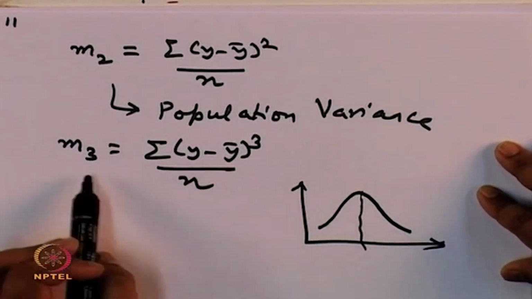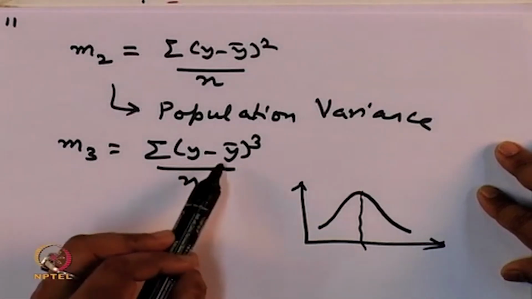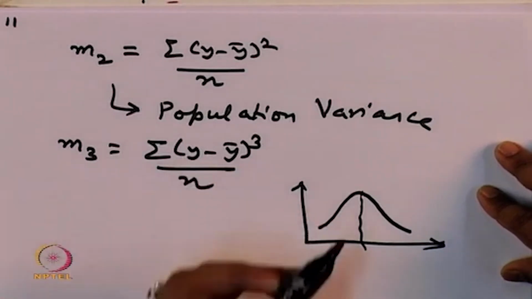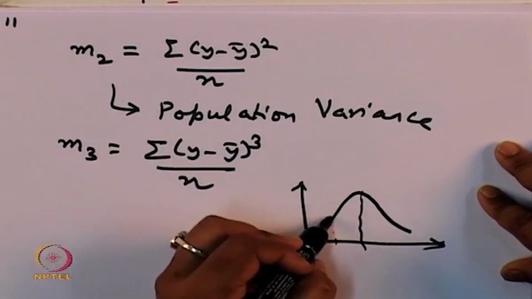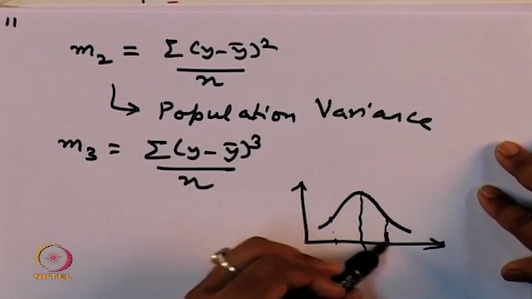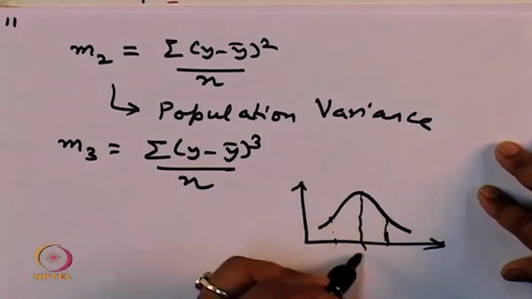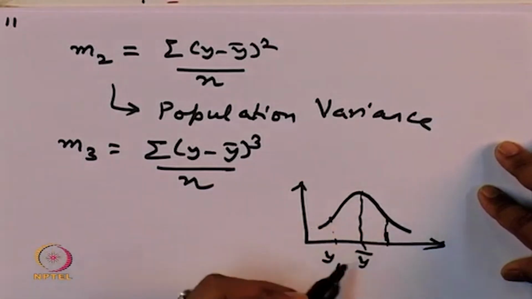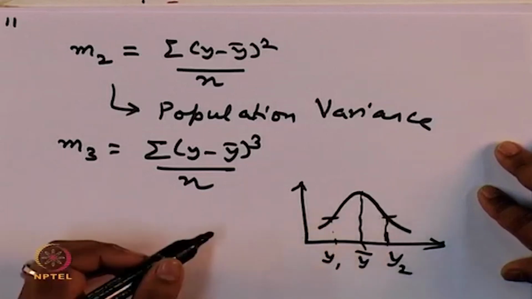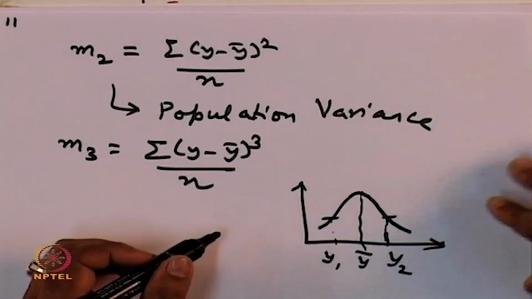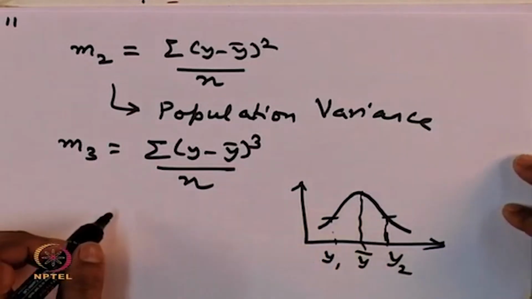Looking at how m3 is defined, symmetric would mean that for every value to the left of this, there is a similar value at similar frequency to the right of this. Let us say this is y bar, this is y1 and this is y2. So the frequency of y1 and the frequency of y2 is equal, and that is why the distribution is called a symmetric distribution.